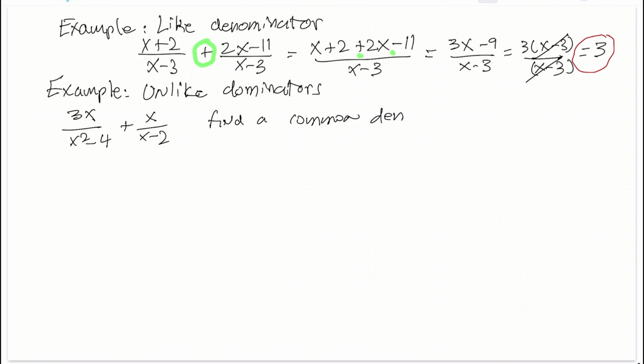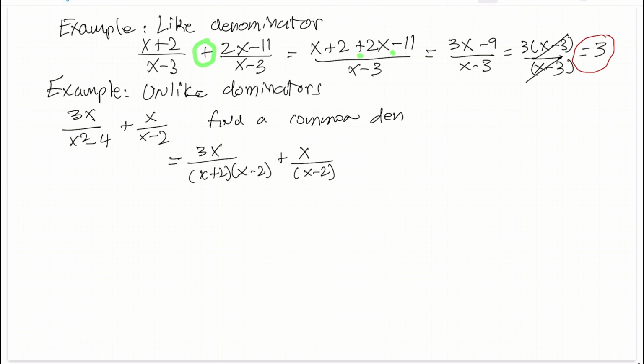And what we want to do here, this is always a little bit of luck or logic or just figuring it out. So x squared minus 4, we know that's x plus 2 times x minus 2, plus, now to find this common denominator, we've got x over x minus 2.